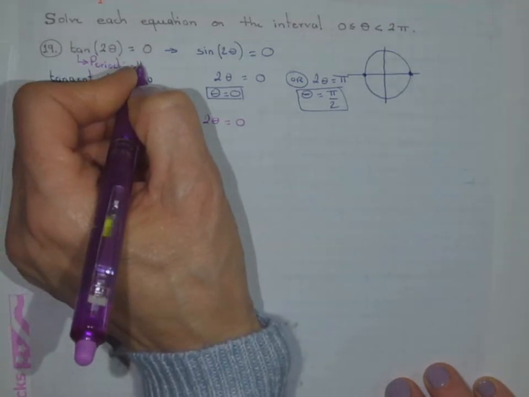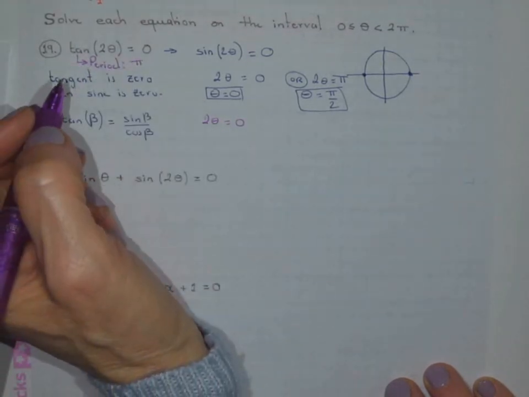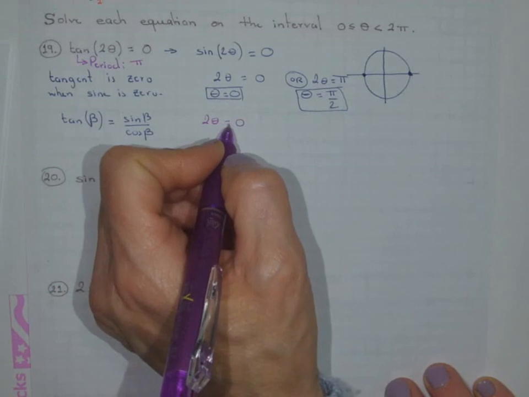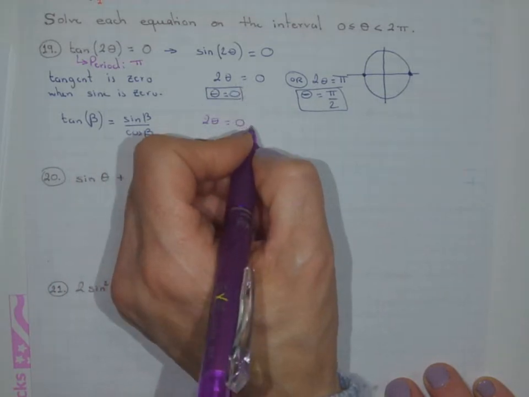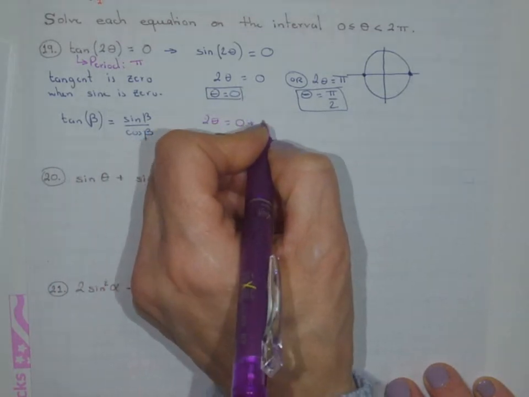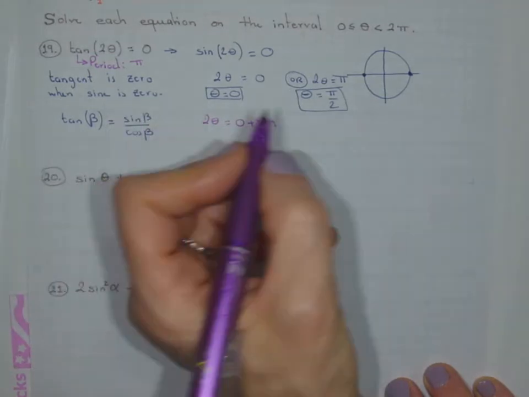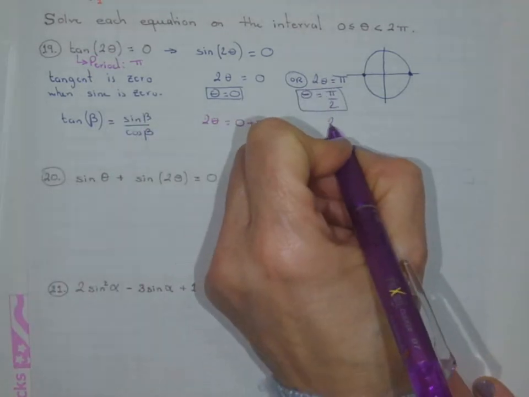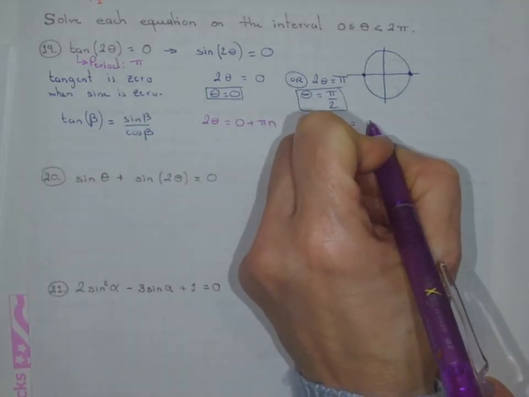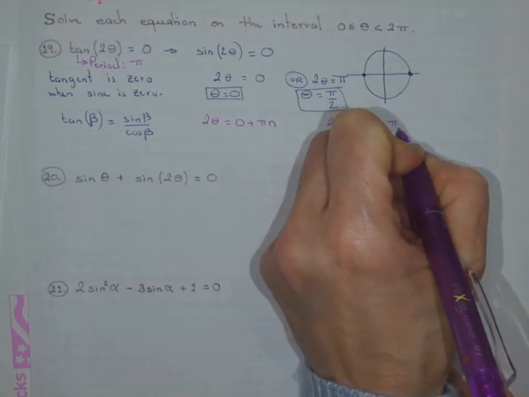The period of a tangent is pi, right? And so I need to say, okay, 2 theta is going to be 0 plus pi n, and I'm going to say 2 theta is going to be pi plus pi n.